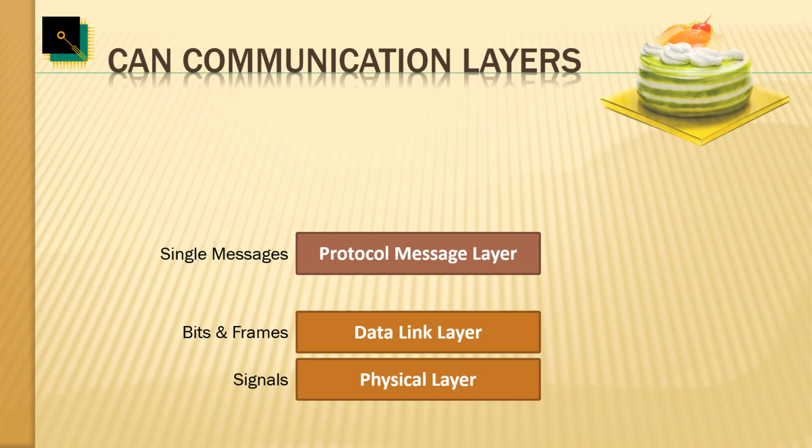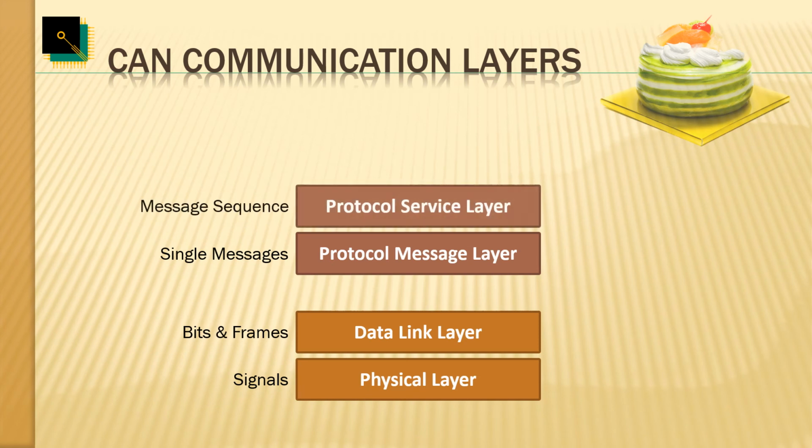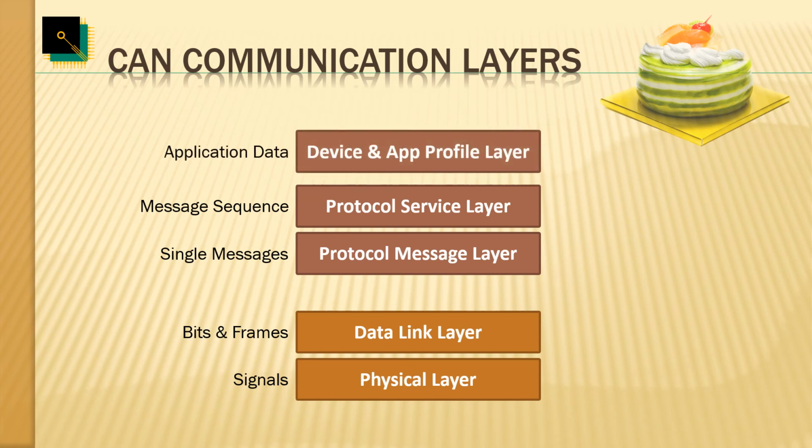Another layer up is what I call the protocol service layer. Here are message sequences, because here the protocol implements certain sequences, responses, requests, segmentation, multiple messages, that sort of stuff. And then finally at the top we have the device and application profile layer, where application data is communicated.